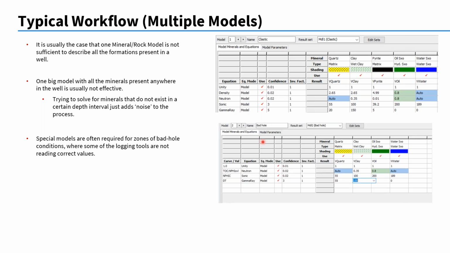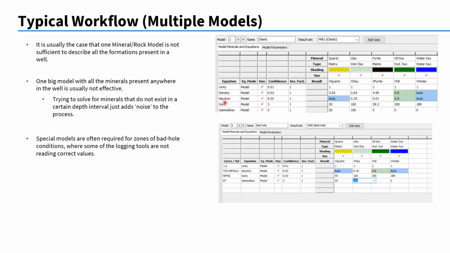So in that case, what we recommend is to build multiple models for specific formations or specific conditions. So you could build one for your clastic interval. And in here, you could notice that it has the sand, the clay, some pyrite, and then the fluids, which are the oil and the water, and then the equations for density, neutron, sonic, and gamma ray.